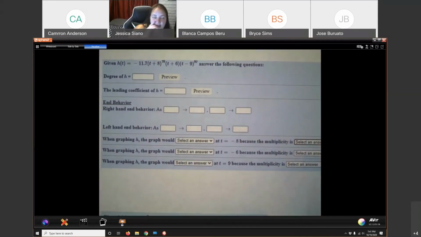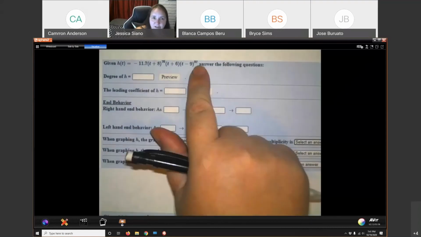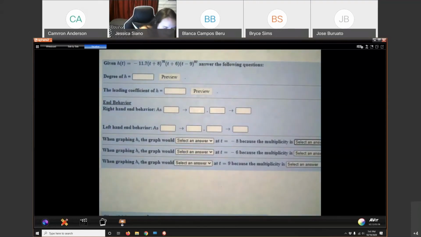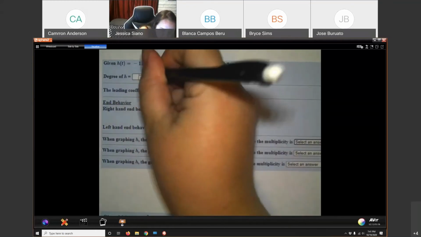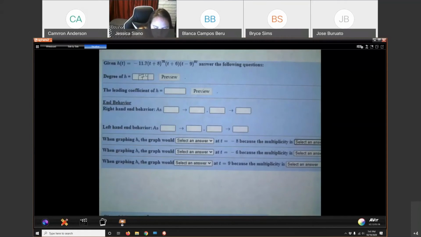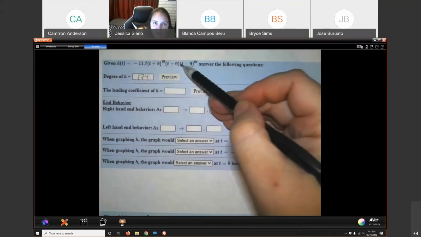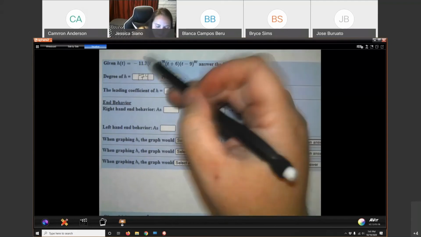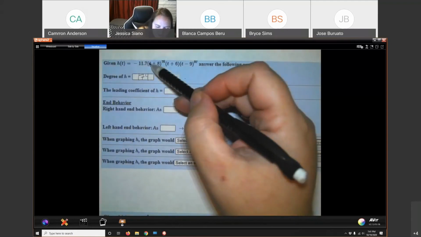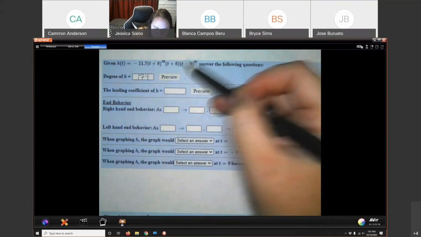So we just said that to find the degree, you add the multiplicities. So a multiplicity of 76 plus 1 plus 97 is 174. And now there are no coefficients here. So the -11.7 in front would get multiplied by 1 to the 76 times 1 times 1 to the 97.